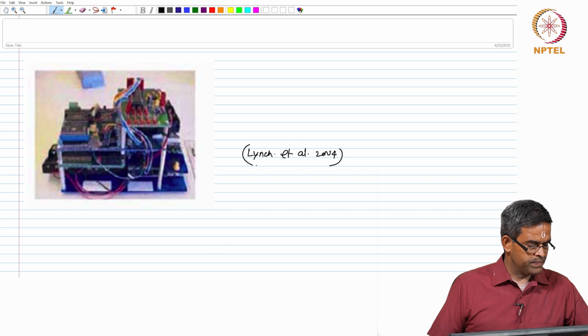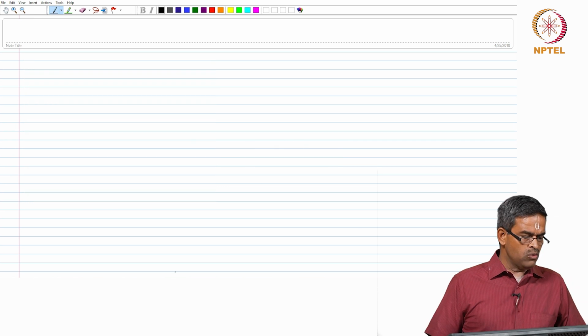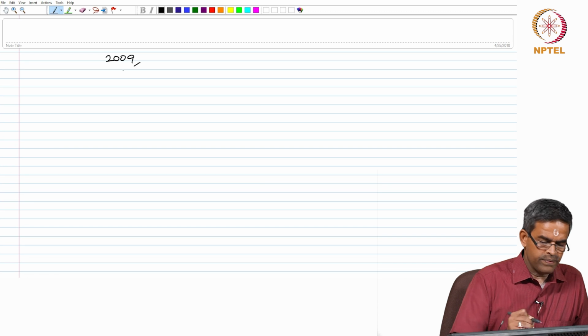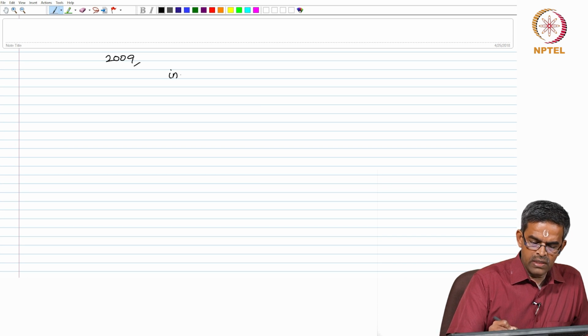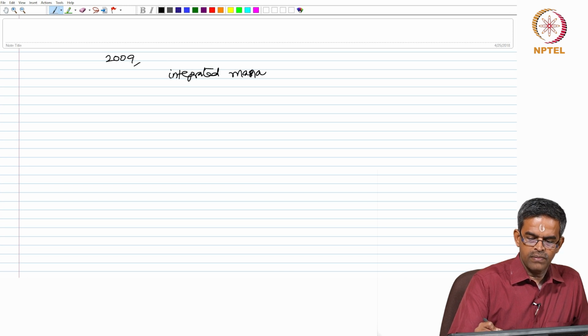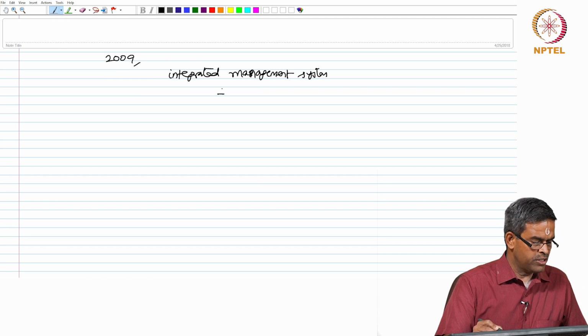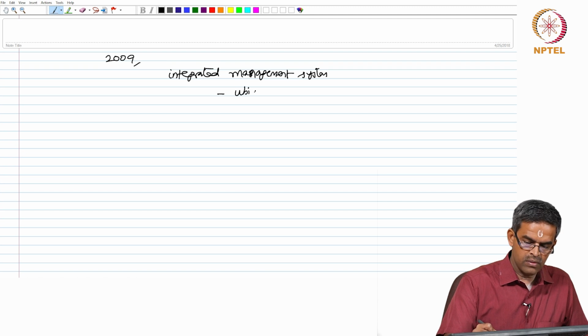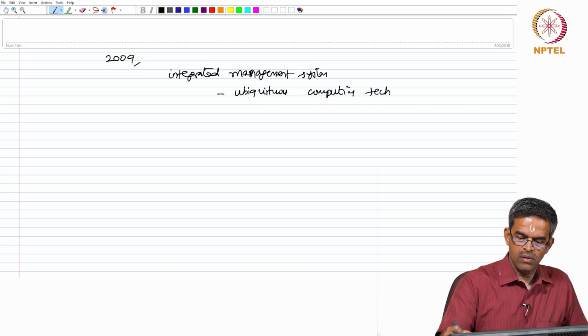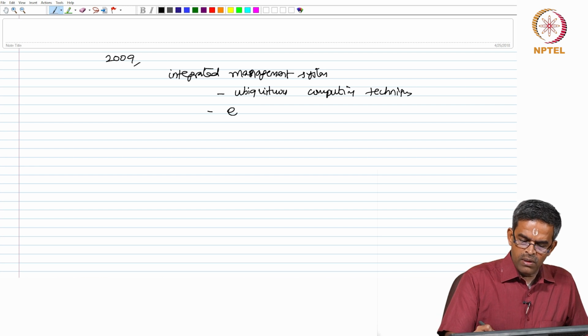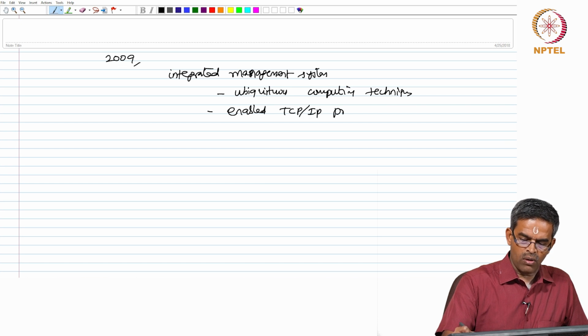Further, in 2009, sensors with an integrated management system were developed. This used ubiquitous computing techniques. The design enabled both TCP and IP protocol.